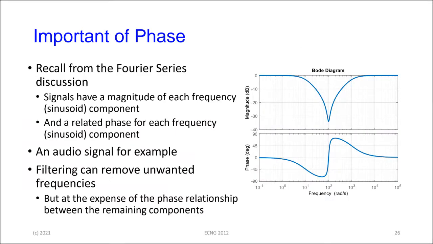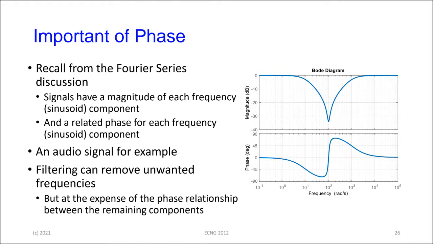Good. So last couple of slides here as we discuss something called phase now. One of the things about it is that if you recall from when we did the Fourier series discussion elsewhere, once you have signals going through a system, a signal has a magnitude.